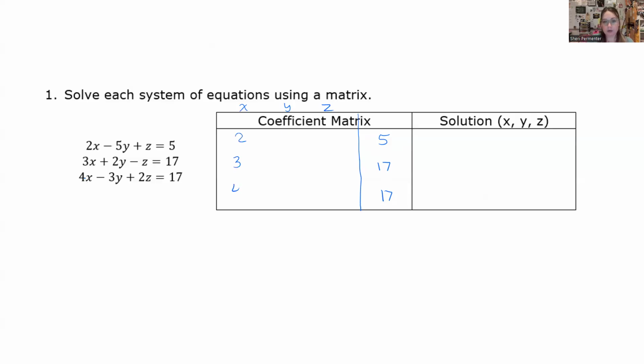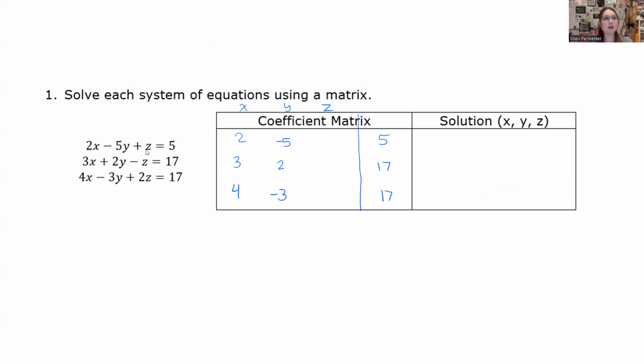I don't need a plus sign. I know they're positive. Next, I have -5, and this is in the Y column: -5, 2, -3. You don't need a plus in front of this 2. We know it's positive.